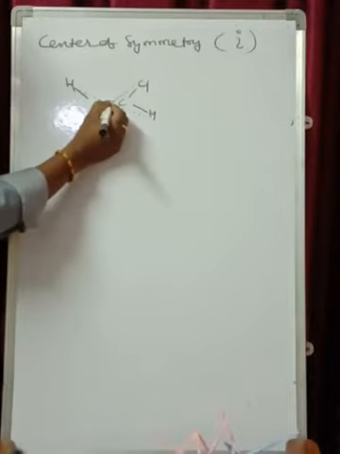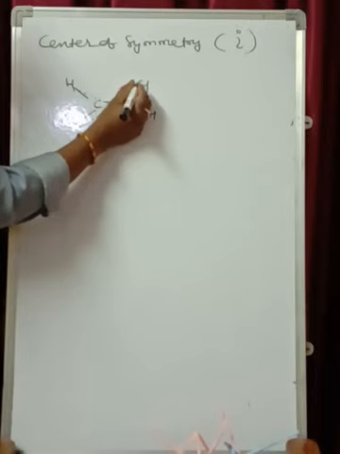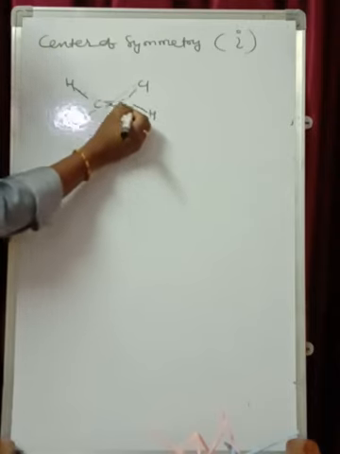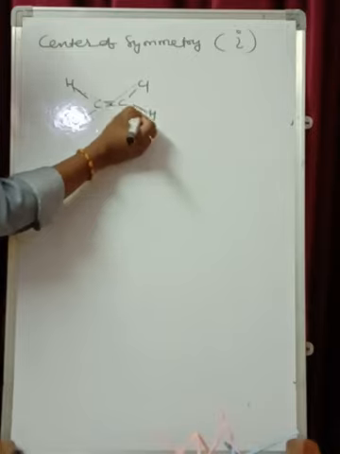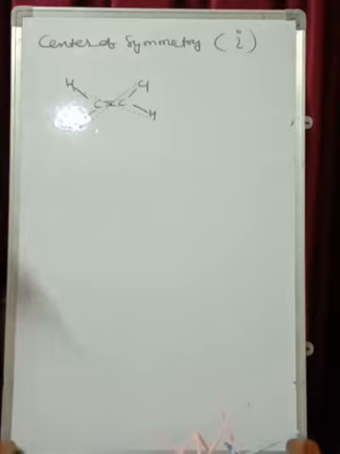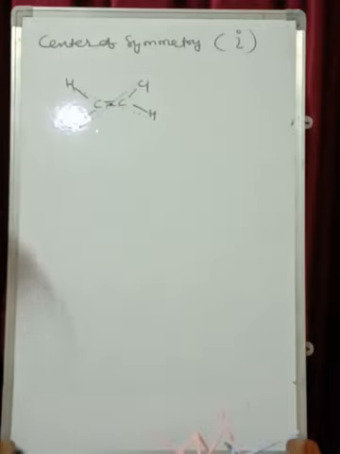If you take this molecule, from the center, on this side you have chlorine, and on the opposite side it also has chlorine, and on another side it has a hydrogen, and the opposite of this also has hydrogen, at equal distances. Then we say this molecule has a center of inversion or center of symmetry.